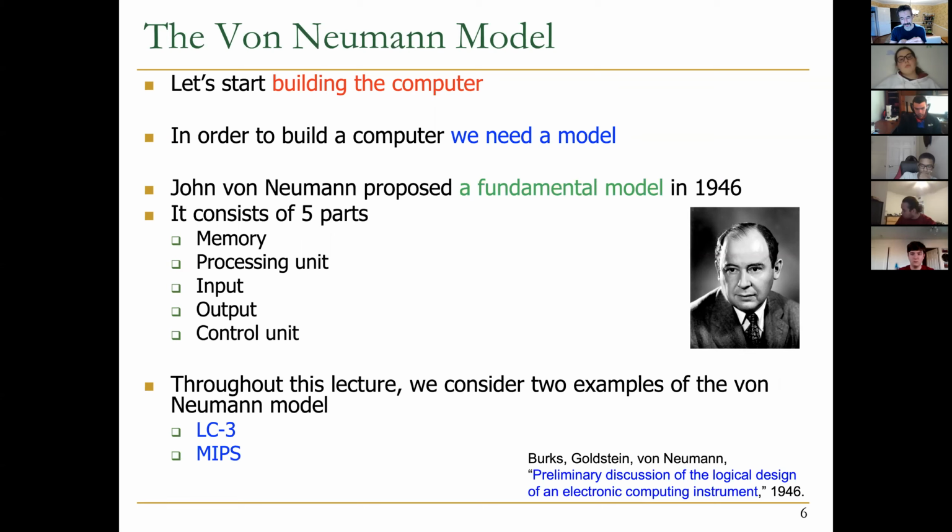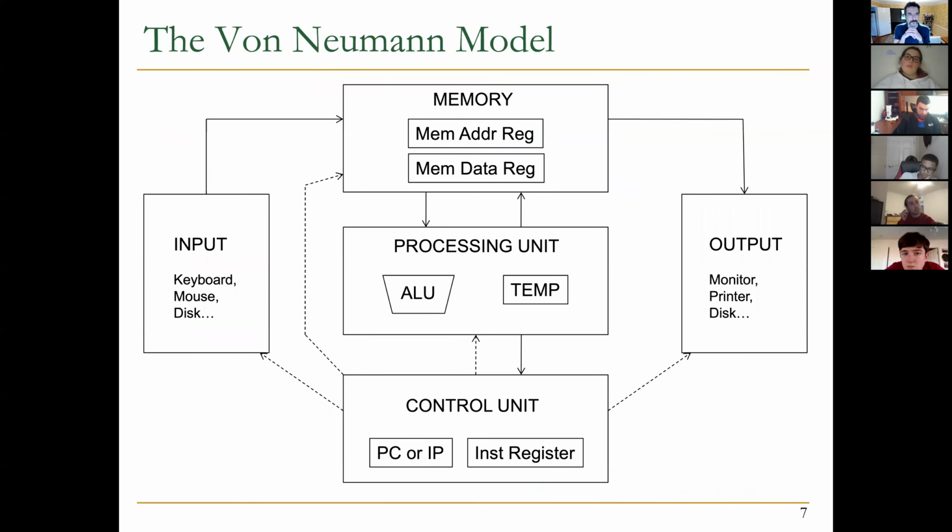And as I mentioned, we plan to discuss two examples of instantiation or implementation of the von Neumann model in real computers, LC-3 and MIPS. LC-3 is a lot simpler, and MIPS is more complicated and like a real-world computer. So the von Neumann model is as simple as that.